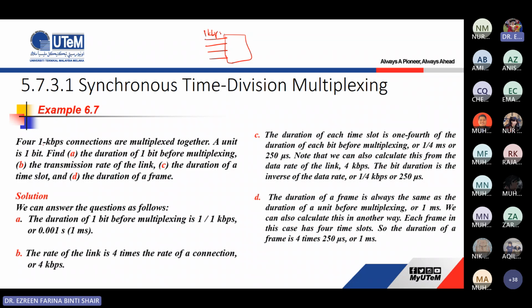It already stated that you have 1 kilobit per second, meaning that you can send 1 kilobit in 1 second. The question is the duration of 1 bit before multiplexing, so the question actually asks you the duration for 1 bit.